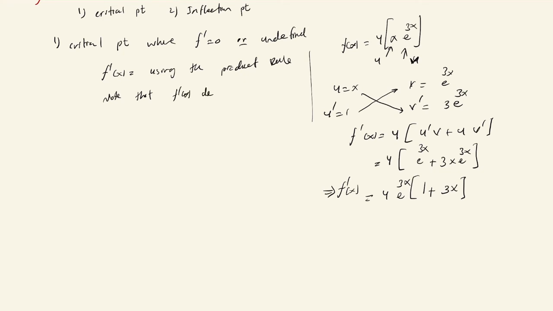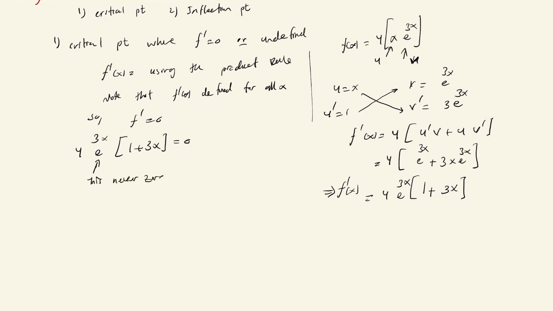So the only thing we have to take care about here, the critical point, is where the first derivative is equal to 0. So we'll set the term 4e to the 3x multiplied by 1 plus 3x equal to 0. Notice this first term, 4e to the 3x, is never 0.